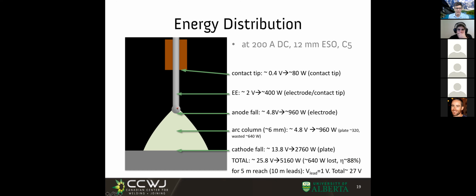Because the energy in melting the droplet came here, the energy in the electrode stick out went to melt the droplet, and the droplet falls here. And whatever came to the plate, the energy in the plate is good, and 2/3 of the arc are wasted. This value of thermal efficiency is pretty much what is tabulated.